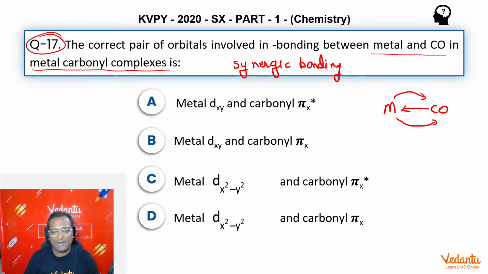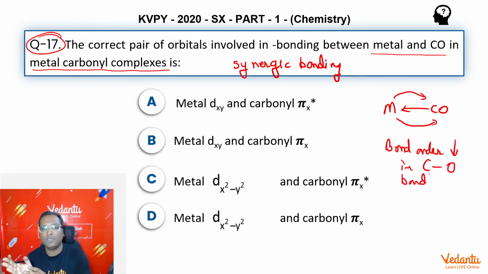We know that when metal donates electron back to CO, there is bond order reduction in the carbon oxygen bond. It is found experimentally that the carbon oxygen bond slightly elongates. Now, according to molecular orbital theory, when does a bond elongate? A bond elongates when the bond order goes down.